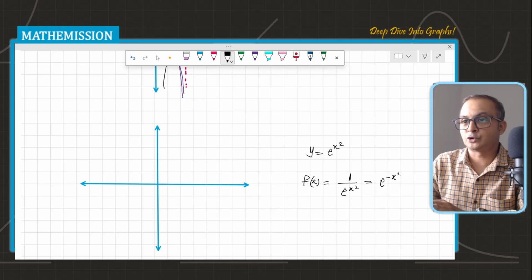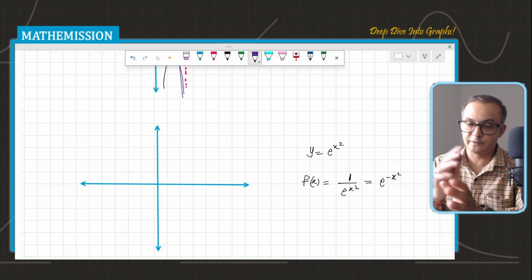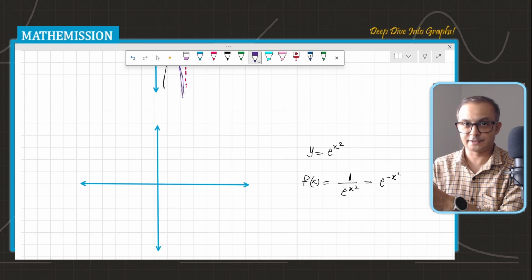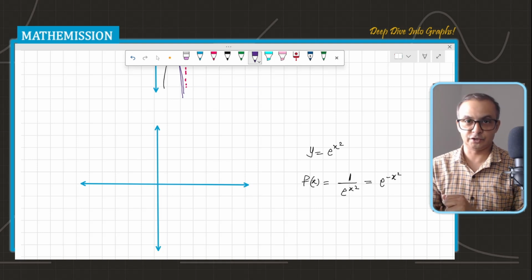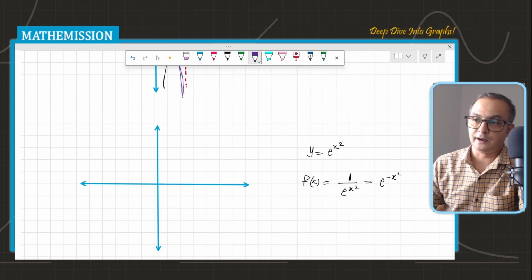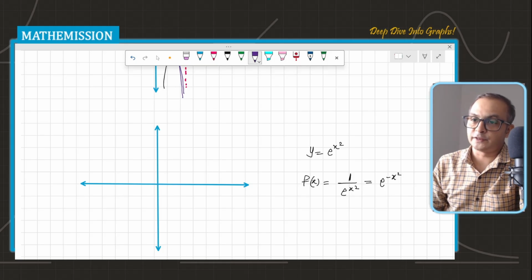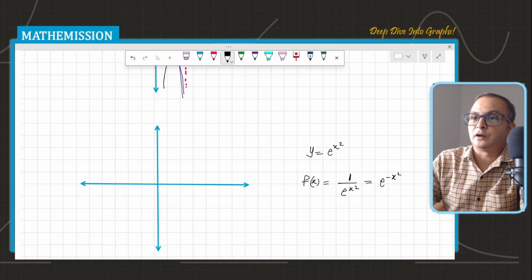So if you know how to draw the graph of e to the power x square, and I have already taught in the previous videos how we draw the graph of f of minus x from f of x. The graph will flip about the y-axis, you know that. So for that, let me just do that for the reciprocal way.